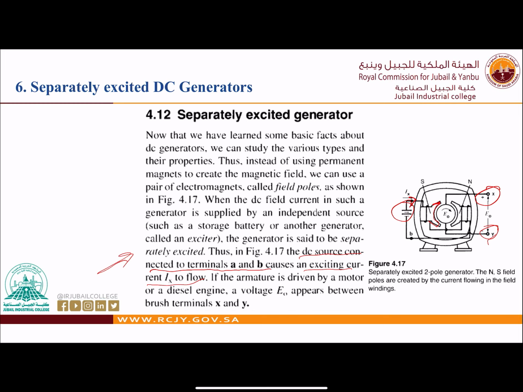Exciting current means a current that excites, that stimulates. What does it excite? It excites the poles so that you have north and south, right? It excites the magnetic field so that you have a magnetic field. If we need to have a magnetic field in the poles, we need a current, right? This current, if you have a coil, is going to generate a magnetic field, right? So we need an external battery to provide an exciting current for the field winding, okay?